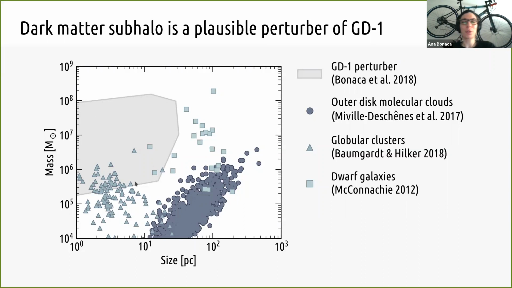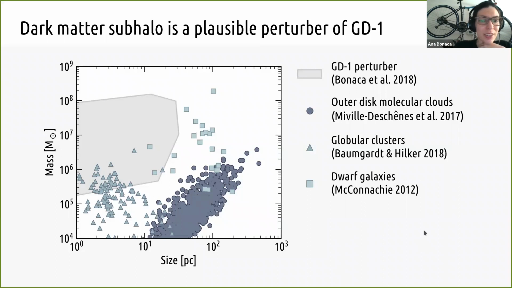And then just for comparison, now we're showing some other possible objects that might have encountered the stream in the galaxy. The molecular clouds in the outer disk are shown as circles, dwarf galaxies are shown as squares, and globular clusters are shown as triangles.